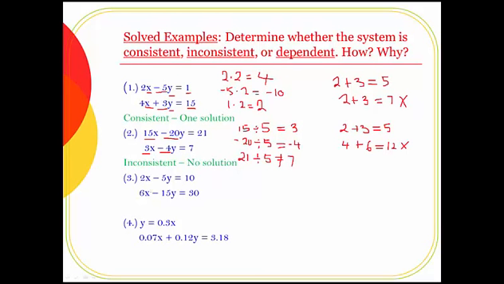Now, number 3, you look for the relationship. Here, the coefficient is 2. Here, the coefficient is 6. So you see that 2 times 3 is 6. Then you come here, negative 5 and negative 15. You also see that negative 5 times 3 will give you negative 15.